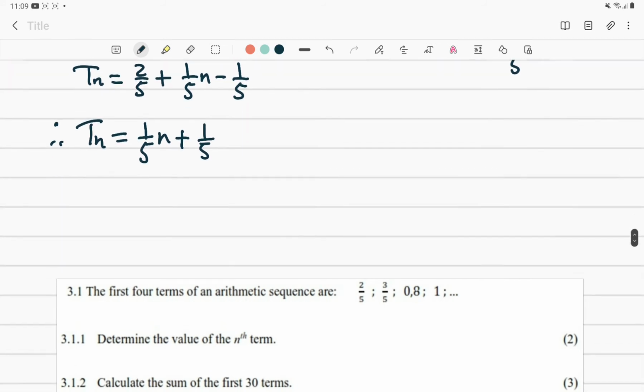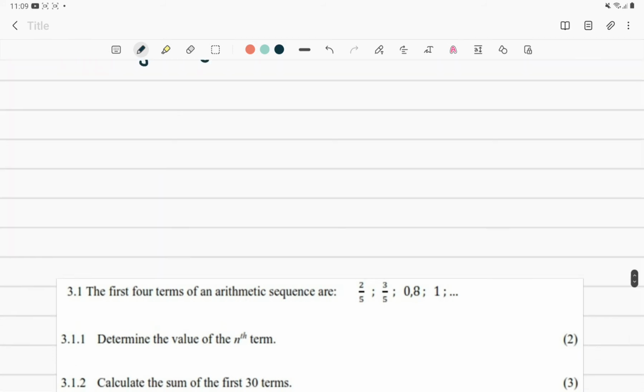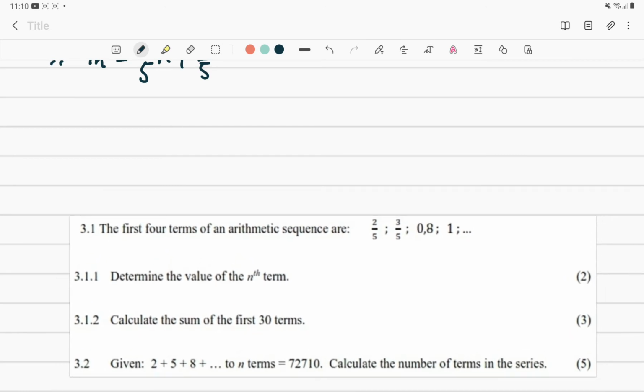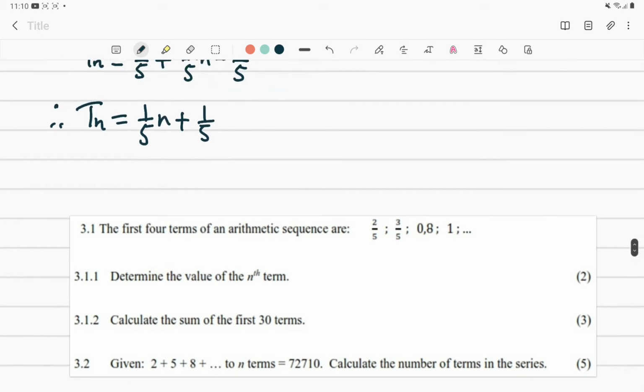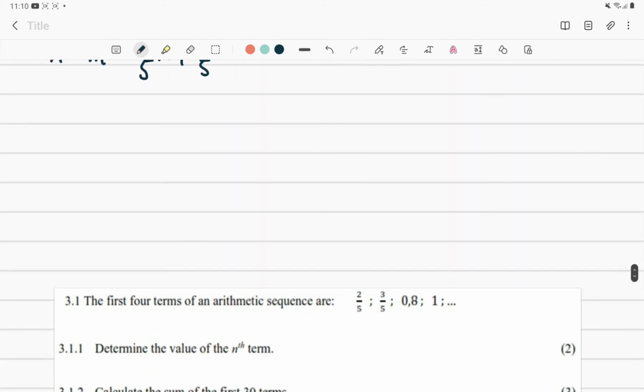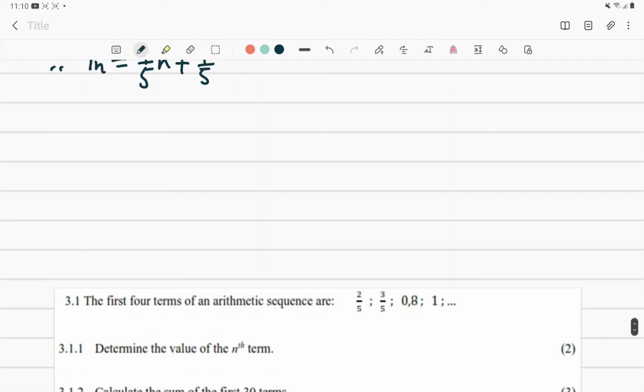So let's look at the next question. We need to calculate the sum of the first 30 terms. You will never calculate that without knowing the Sn formula. So we're doing 3.1.2.